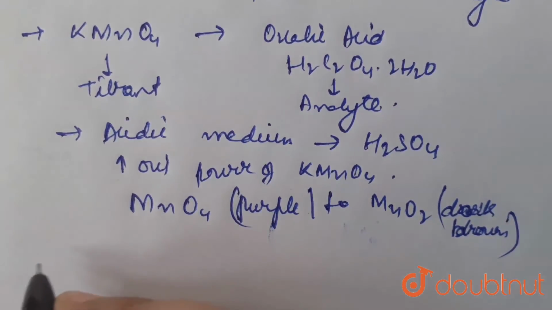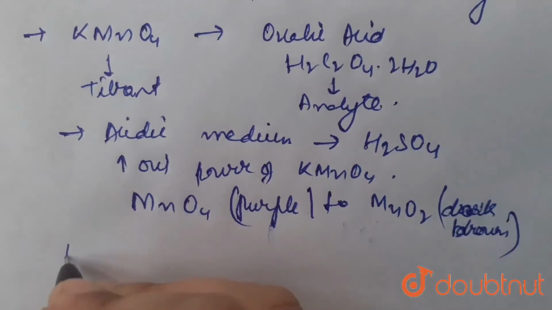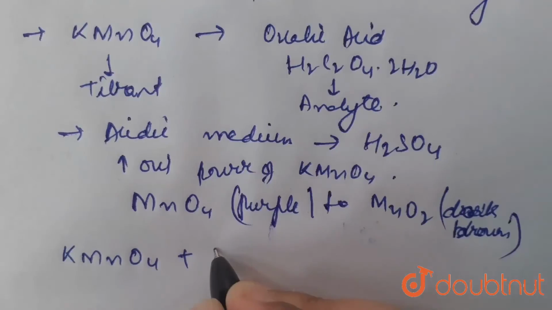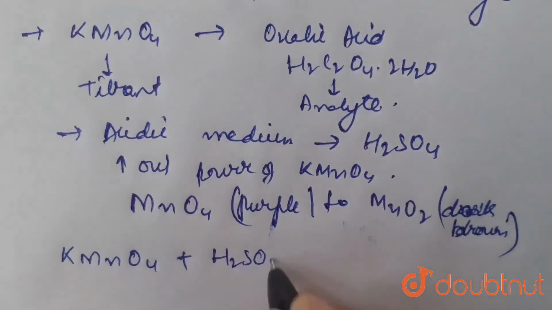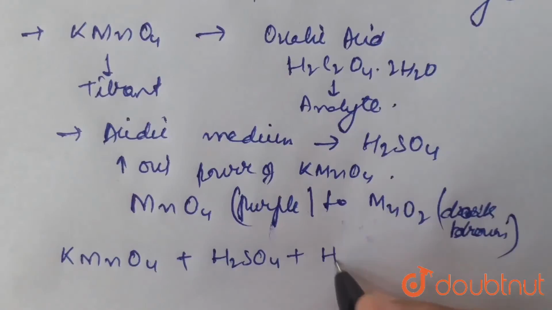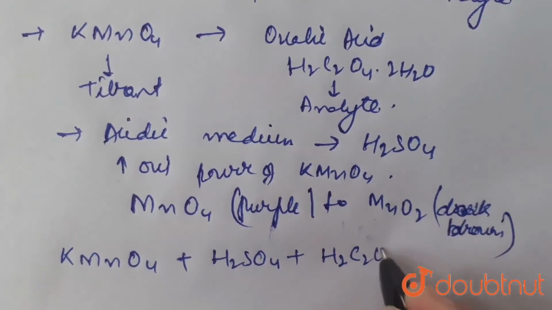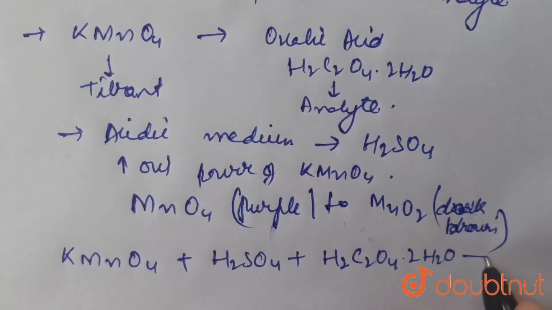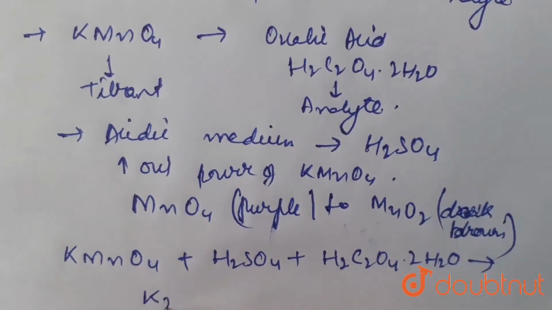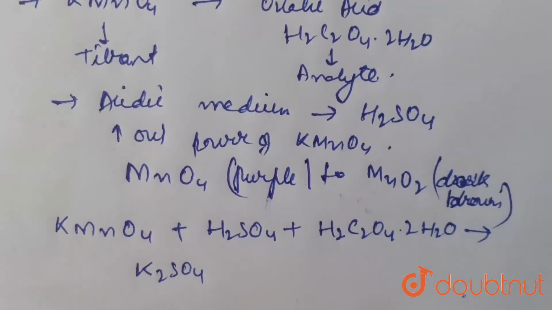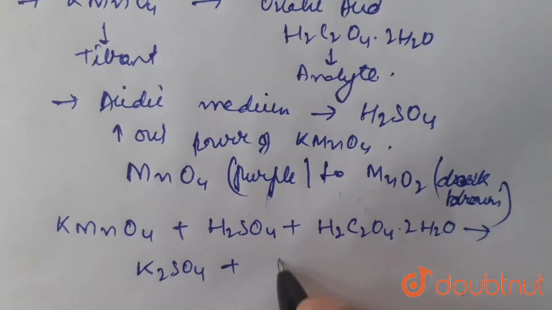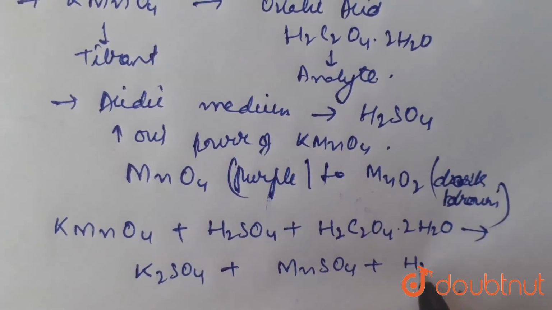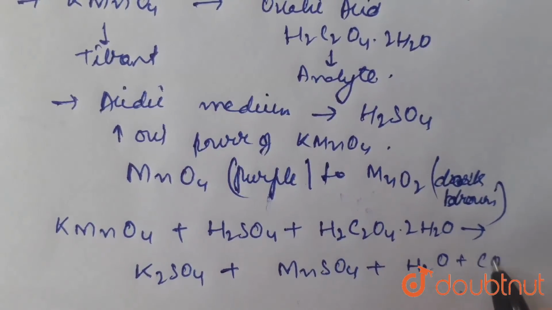The overall reaction taking place during the titration is as follows. KMnO4, that's potassium permanganate, plus sulfuric acid, H2SO4, plus oxalic acid, H2C2O4 into 2 times H2O, giving K2SO4, that is potassium sulfate, plus MnSO4 plus H2O plus CO2.